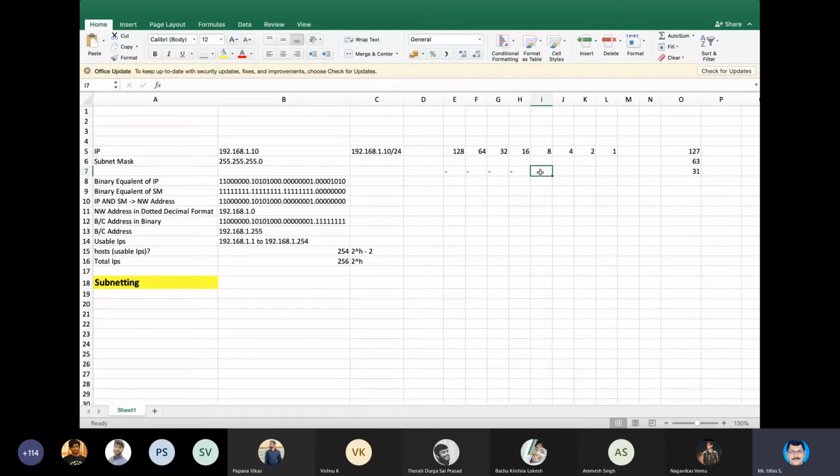Okay, by using these 4 bits, what is the first combination I can have? I can have this as my first combination. Obviously, I cannot use it. So let me remove one more bit.